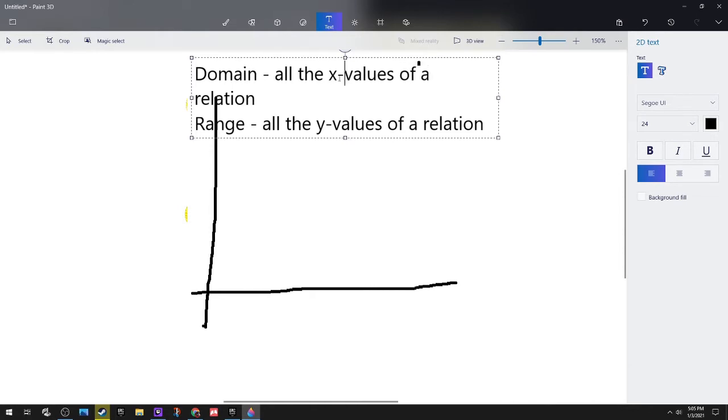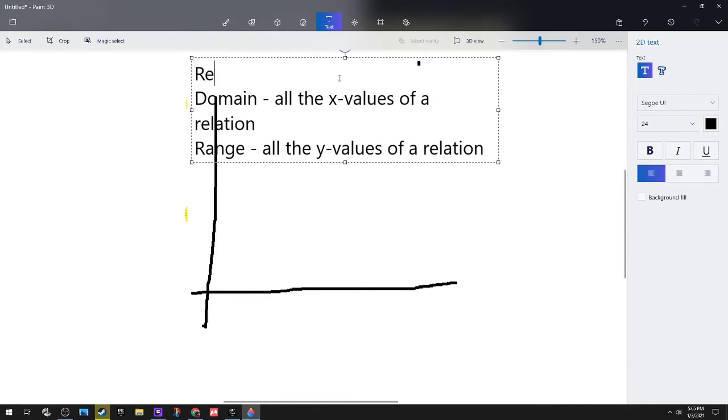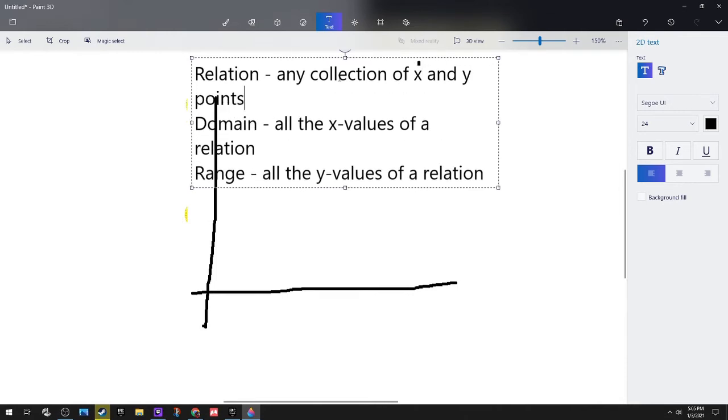I guess we should define what a relation is. A relation is any collection, and this isn't the math version, any collection of x and y points. So relations are any group of points.